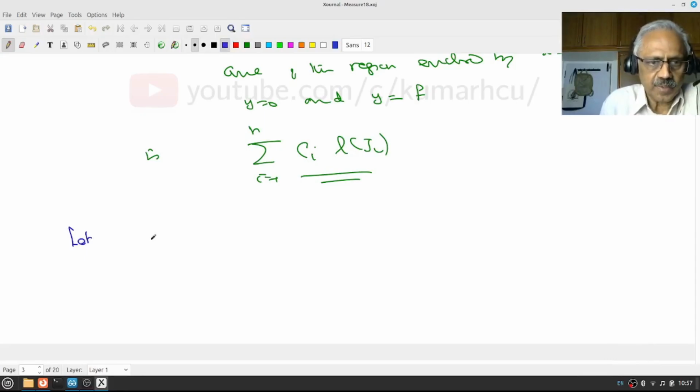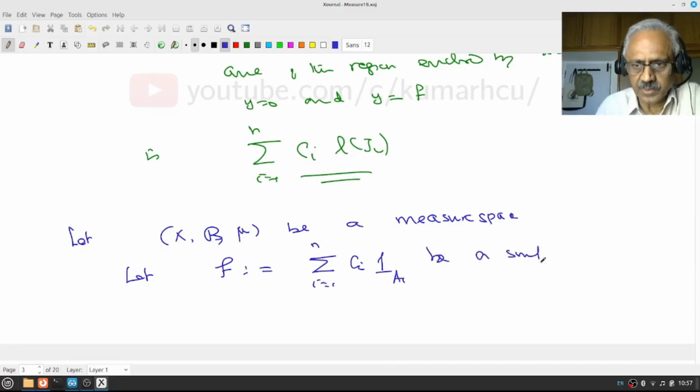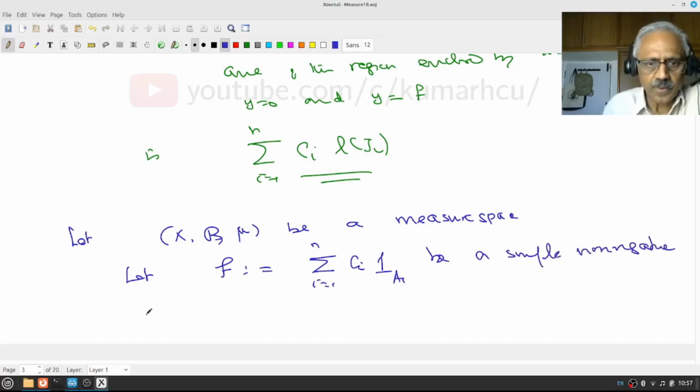So, let (X, mu) be a measure space. Let f equal to summation Ci times the indicator function of Ai, i equal to 1 to n, be a simple non-negative function in its standard representation.